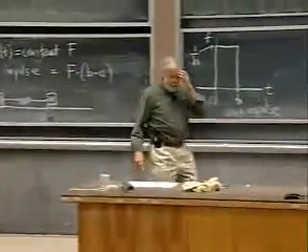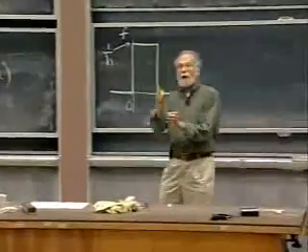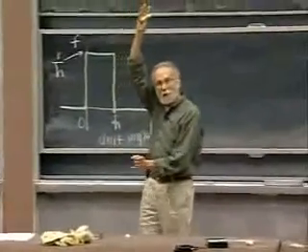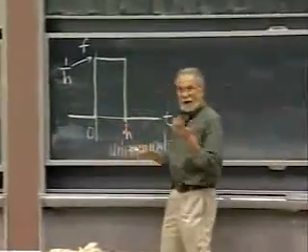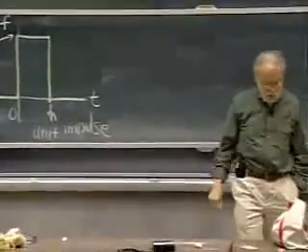So the unit impulse looks like that. The narrower it is here, the higher it has to be that way. The bigger the force must be if you want the end result to be a unit impulse.